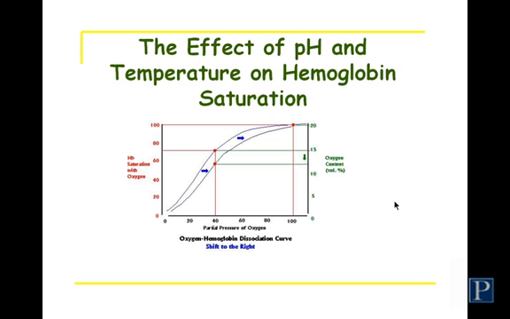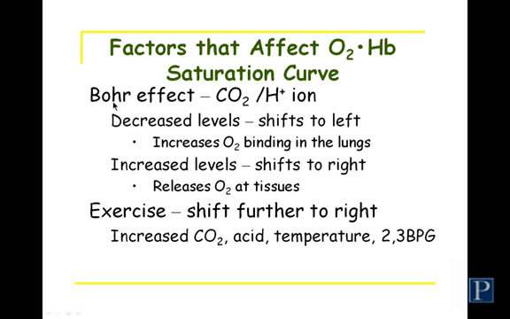There's a term for the effects of hydrogen ions and CO2 on oxygen transport, and it's called the Bohr effect. The Bohr effect specifically refers to the effects of carbon dioxide and hydrogen ions on the oxygen-hemoglobin curve.